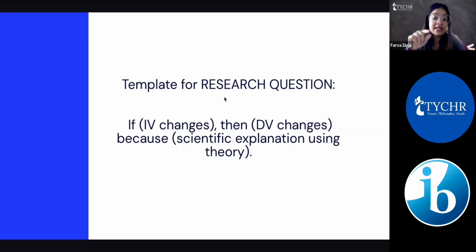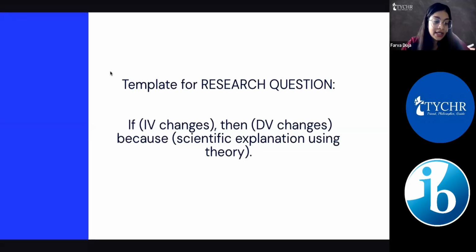You can just write it as, how does the dependent variable, please write down what I'm saying, okay? How does the dependent variable change when the independent variable changes while the controlled variables are kept constant?